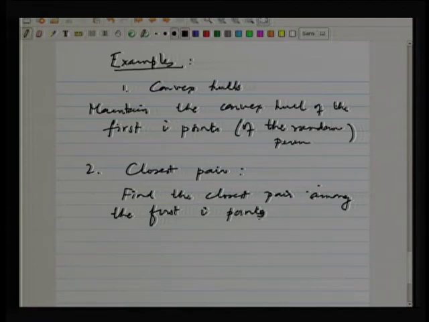And one of the things that we always try to do is, when we go to the next step, namely when we consider the i plus first point, we update the data structure. That is where the efficiency lies, in the data structure.